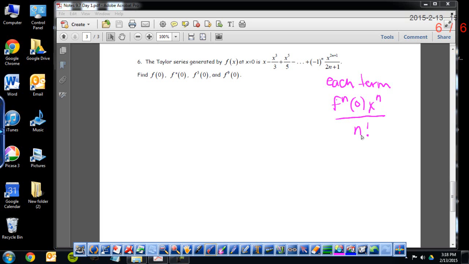Now, when you go back and simplify those terms sometimes, then they're not going to match. But at the beginning, when you're creating that Taylor polynomial, the derivative, the exponent, and the factorial are all going to match together.